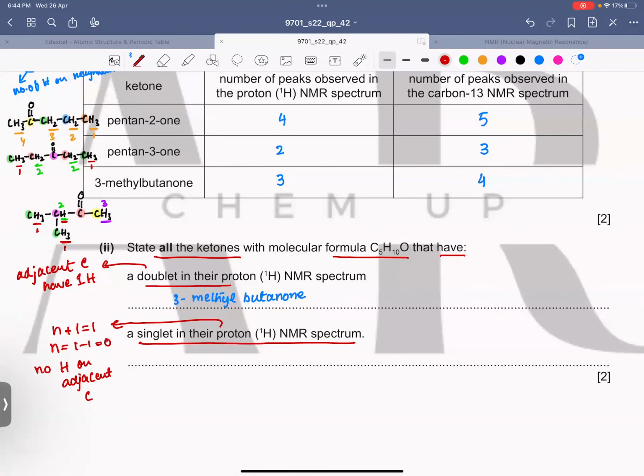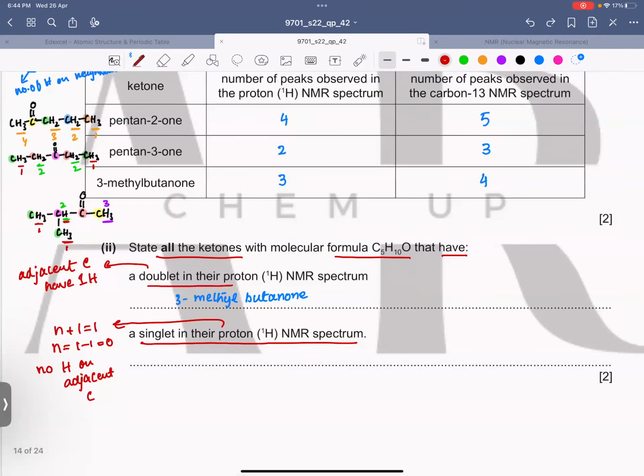And is there any other compound besides pentane-2-one? 3-methyl butanone. Yeah, 3-methyl butanone, because if you look at these 3 hydrogens, in their neighbor carbon there is no hydrogen, so this would be a singlet. And here these three hydrogens also have a neighbor carbon with no proton, so here I am going to get a singlet.